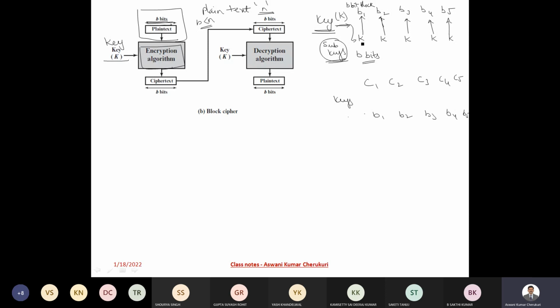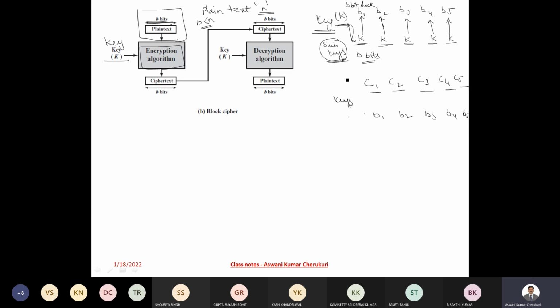What you are going to do is submit the key to each block. Remember, it is the same key, whatever key you are giving. The subkeys concept is a little different, which I will discuss later. So for now, let us focus only on the key. You submit the key, process the block, and get the ciphertext. You submit that same key and get the ciphertext of the second block, third, fourth, fifth.